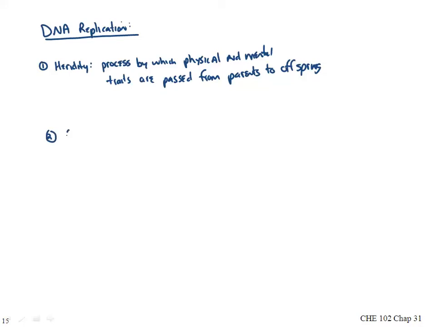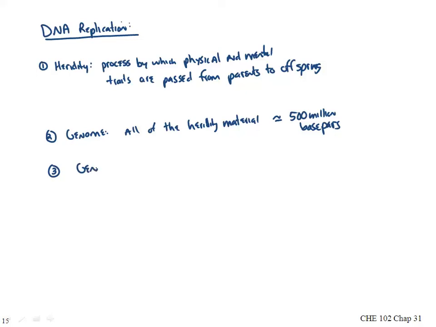What we call the genome is basically all of the heredity material. And so that would be the approximately 500 million base pairs. And then the smallest single unit that we talk about is what we actually call a gene.